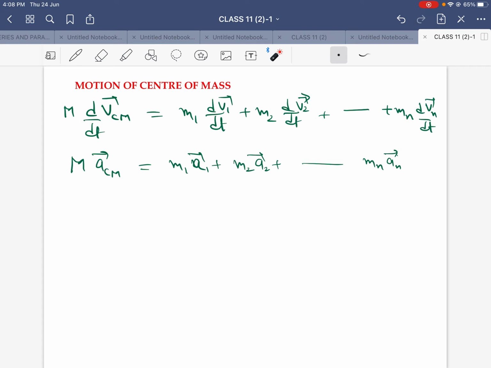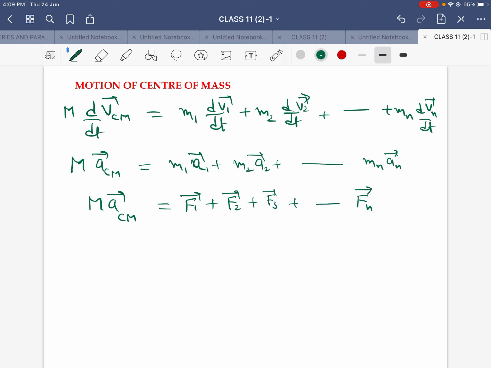And we know that according to Newton's second law of motion, the product of mass and acceleration gives the force. Therefore, we can write it as M into A is equal to F1 plus F2 plus F3 plus so on, last is Fn.